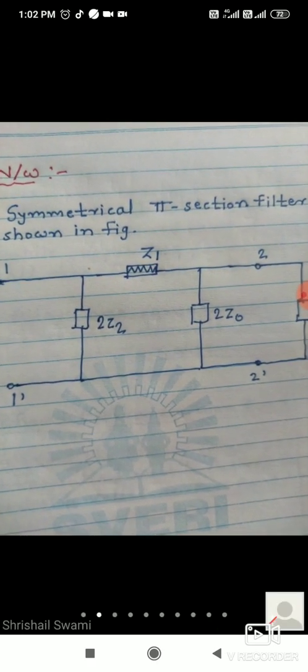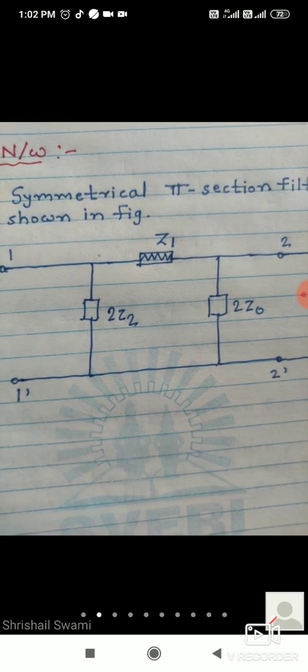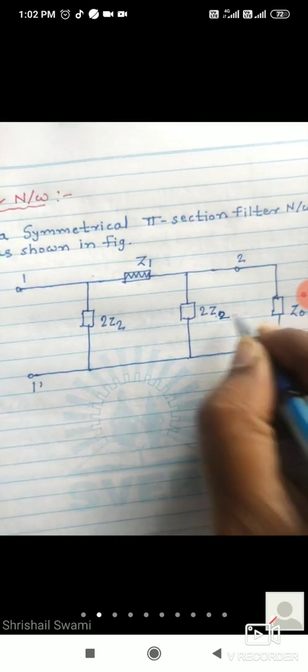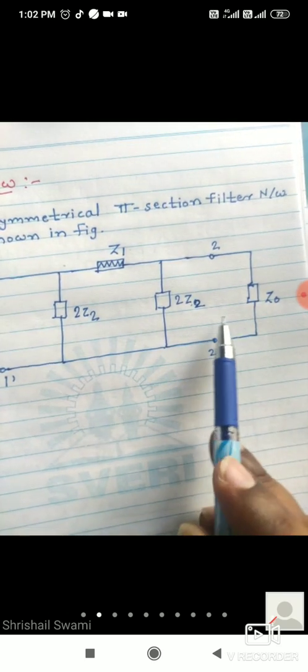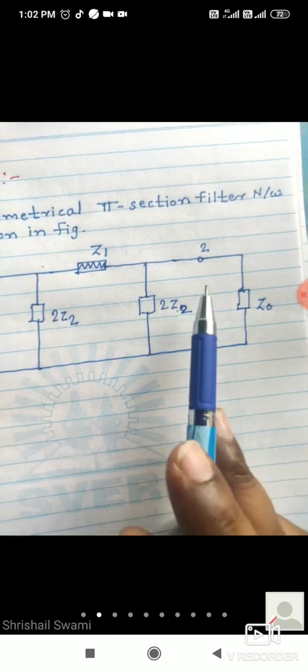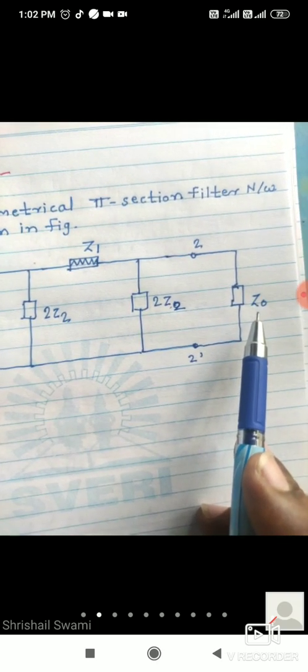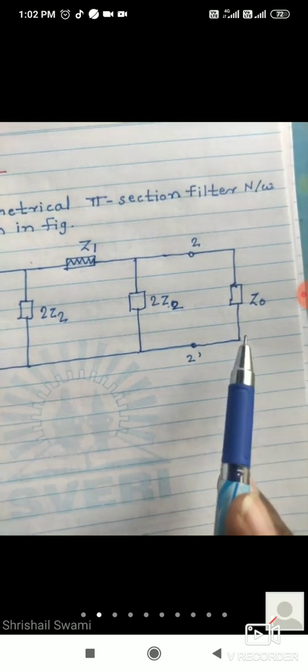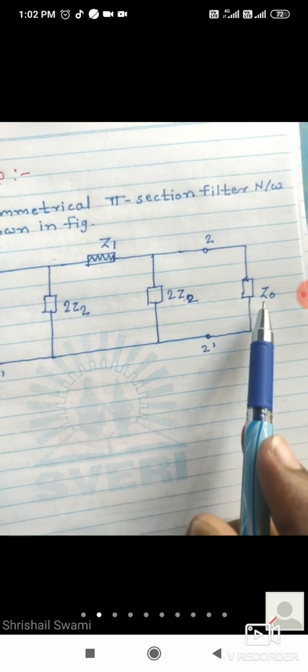So the series arm consisting of Z1 and the parallel arms consisting of 2Z2 and 2Z2. Actually here you can make the correction. Here it is Z2. So 2Z2, 2Z2, and let us consider at the second port connecting the load impedance or characteristic impedance or nominal impedance as Z0. Now same thing we are going to calculate, that will be the input impedance Z in.